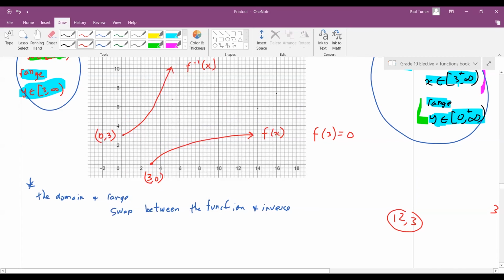But on this one, f inverse of 0 is 3. Do you see this relationship here? When you put 3 into your function, you'll get 0. But when you put 0 into your inverse, you'll get 3. Do you see how those two numbers swapped around? So that's quite important, actually, important idea.